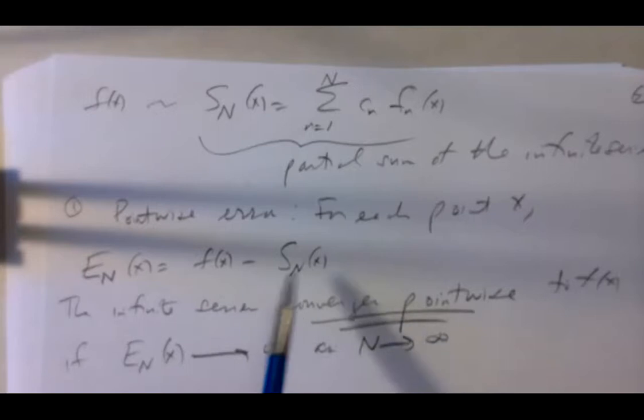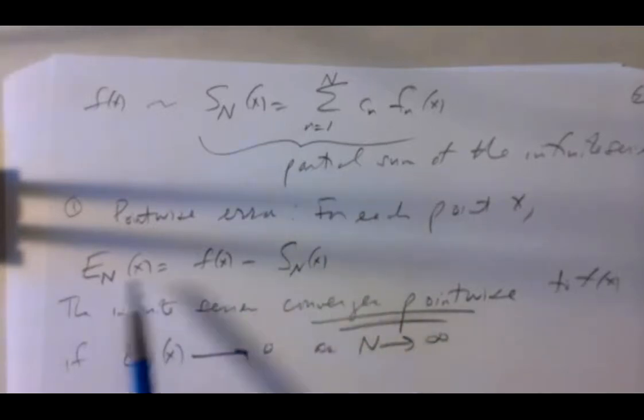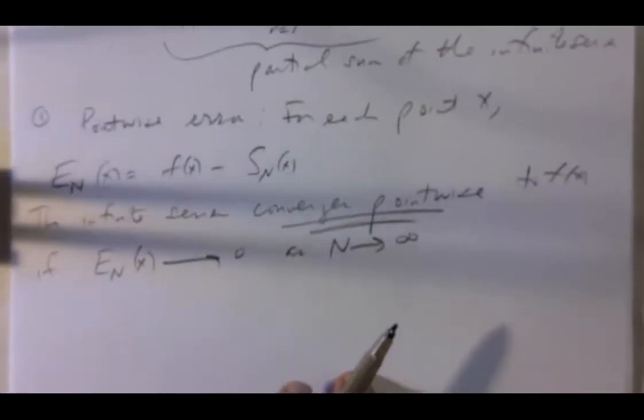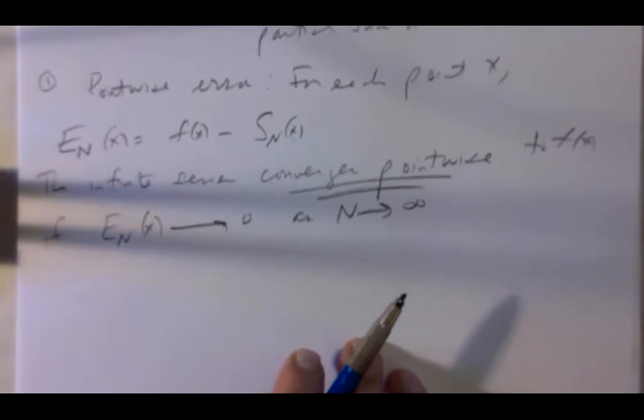So if these partial sums converge pointwise to the function, then we say that we have pointwise convergence. So that's one way to understand convergence of a Fourier type series to a function.